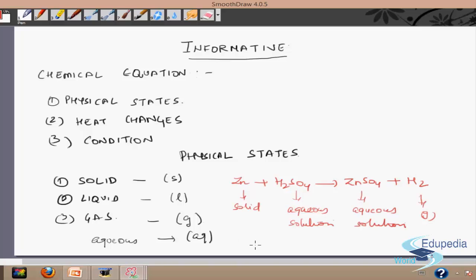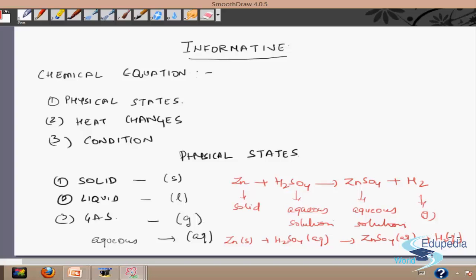Now we can write this equation: Zn(s) + H2SO4(aq) giving out ZnSO4(aq) + H2(g).